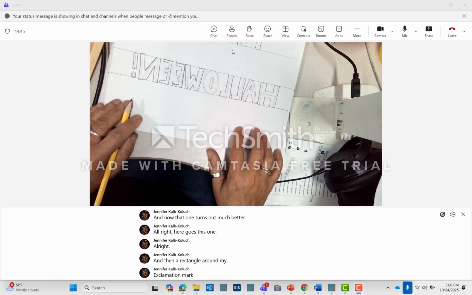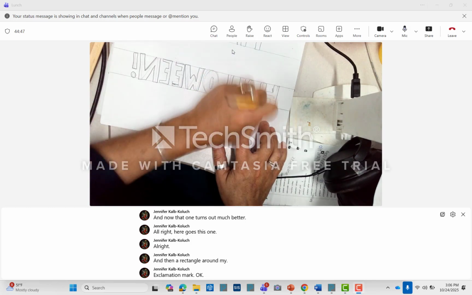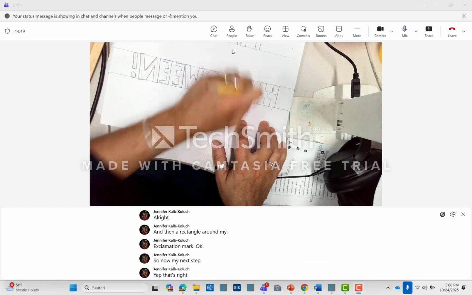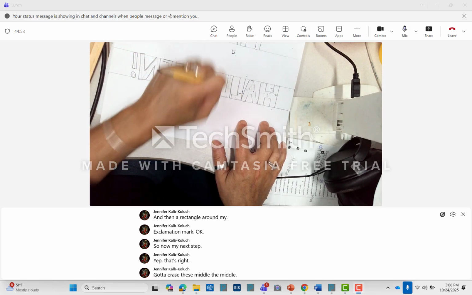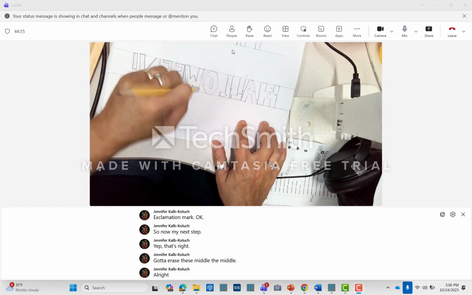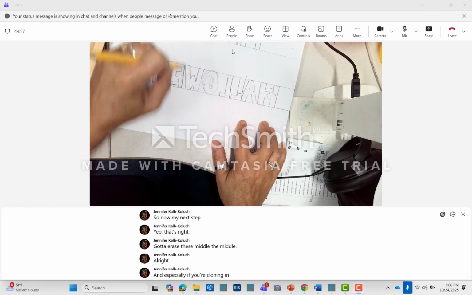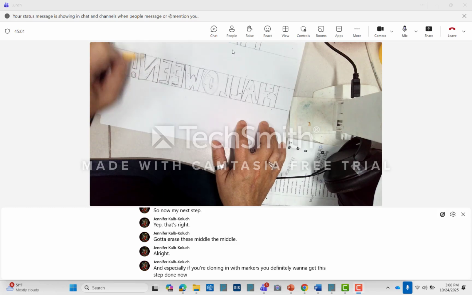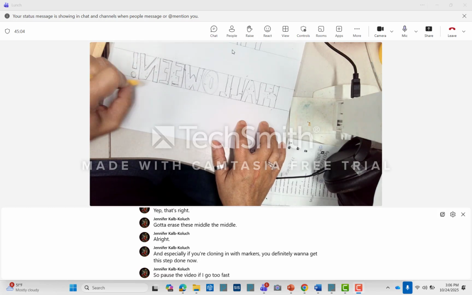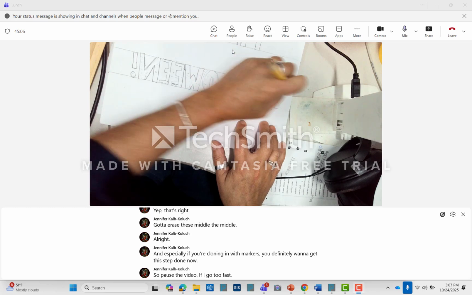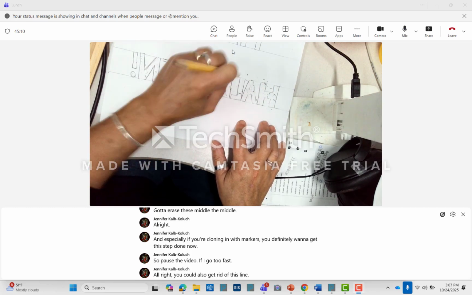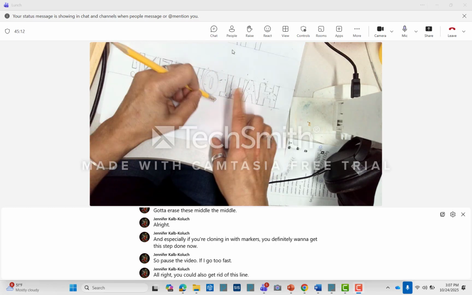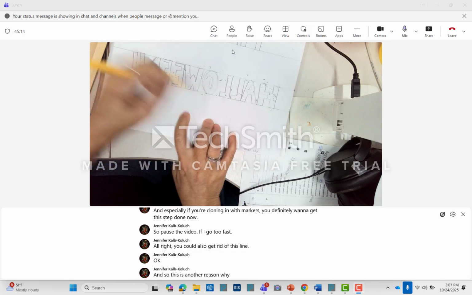Okay, so now my next step, yep, that's right, you got to erase the middle of these. All right, and especially if you're coloring it in with markers, you definitely want to get this step done now. So pause the video if I go too fast. All right, you could also get rid of this line. Okay, and so this is another reason why I like you watching the video first.